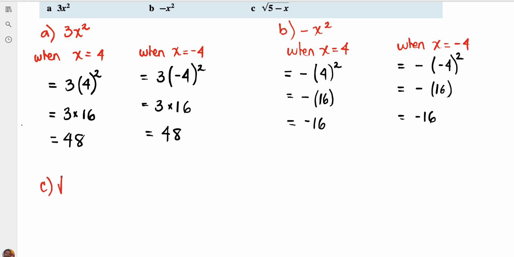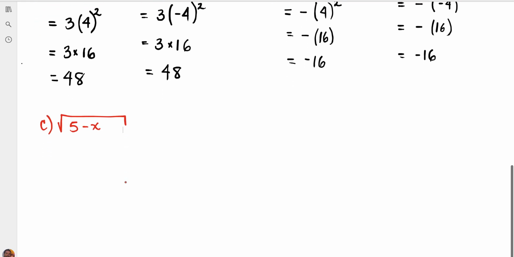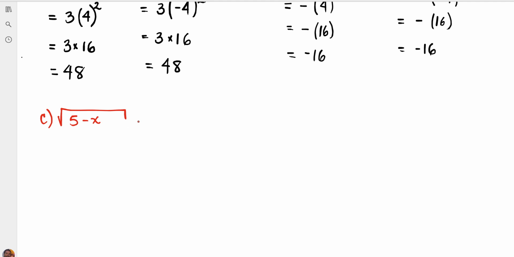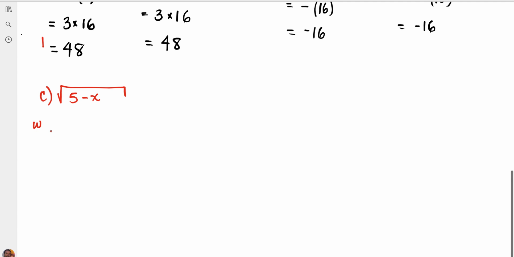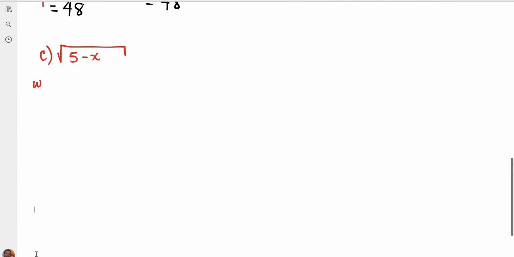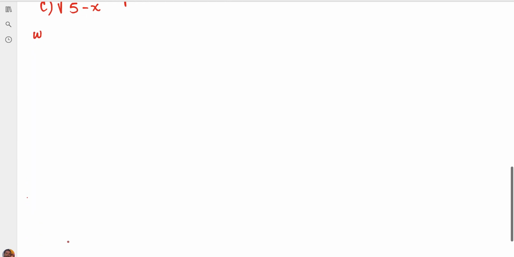C says the square root of 5 take away x. Good. I'm going to do it here. I hate when the notebook does this. That's why I have to do this trick of creating points to go down.